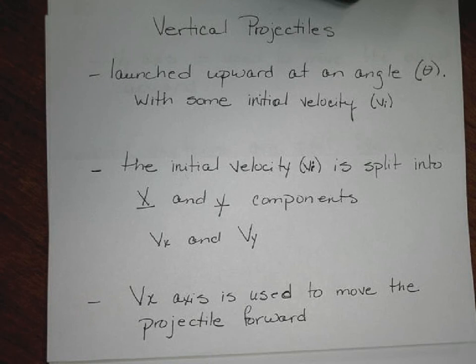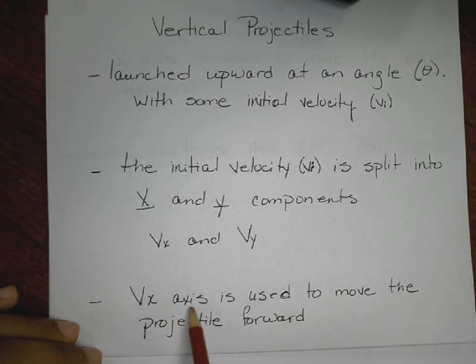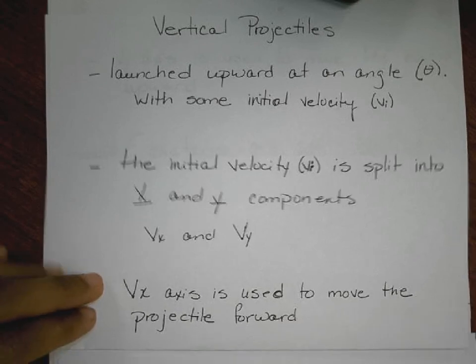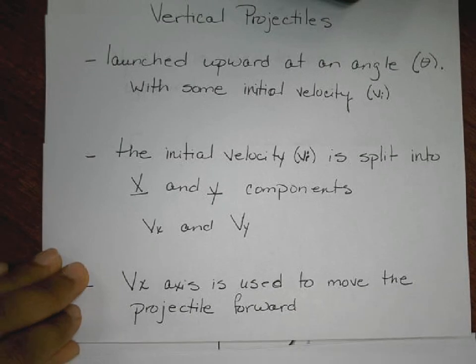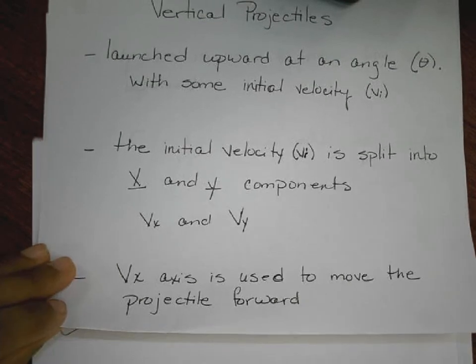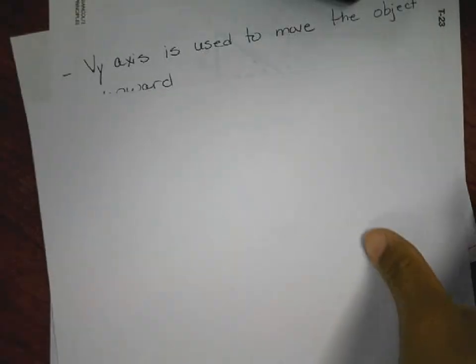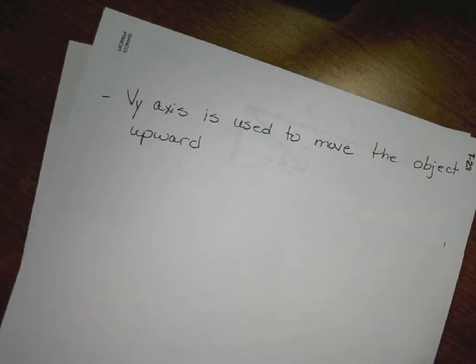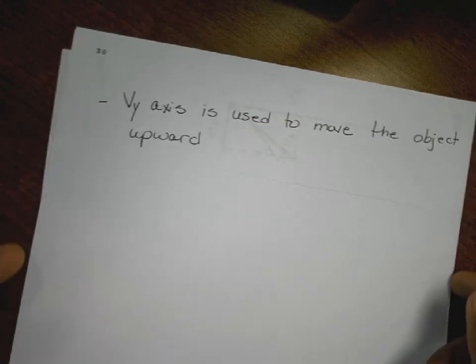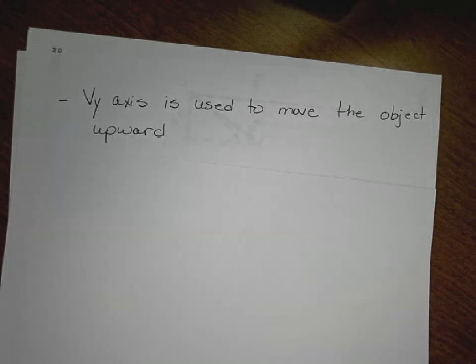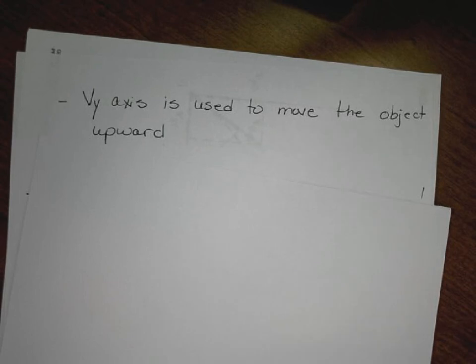A couple of things you need to know: the velocity on the x-axis is used to move the object forward, so it's going to propel it forward. And the velocity on the y-axis is used to move the object upward. So we have an object that's going forward and upward at the same time.